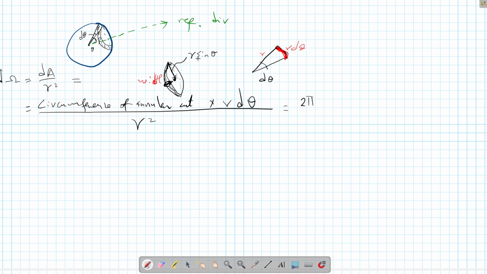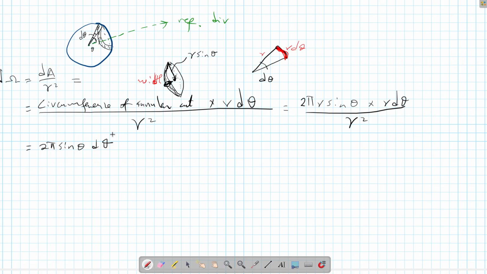So the radius is r sine theta, so the circumference is 2 pi r sine theta, times r d theta, all over r squared. Okay, and the answer is going to be equal to 2 pi sine theta d theta.